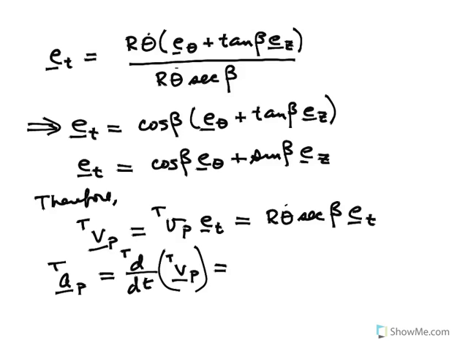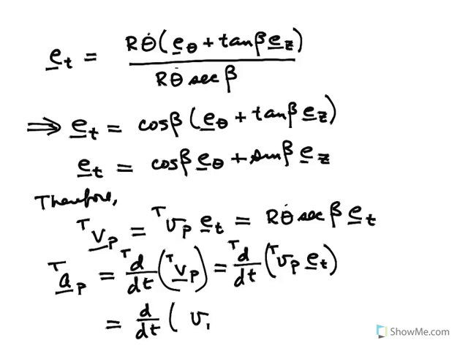But that's equal to the rate of change in the track of the speed times the tangent vector, which is equal to the rate of change of the speed times the tangent vector plus the speed times the rate of change in the track of the tangent vector.